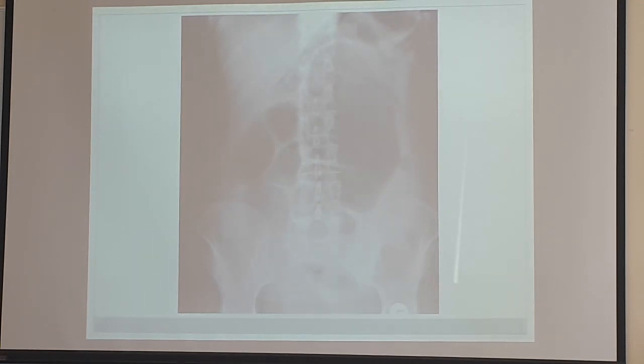What can you see? Does this bowel in the middle look normal to you? No, so it looks abnormal. Why does it look abnormal? It's very distended. Yes, so it's very distended. So you think there's an obstruction or a volvulus or something like that going on.